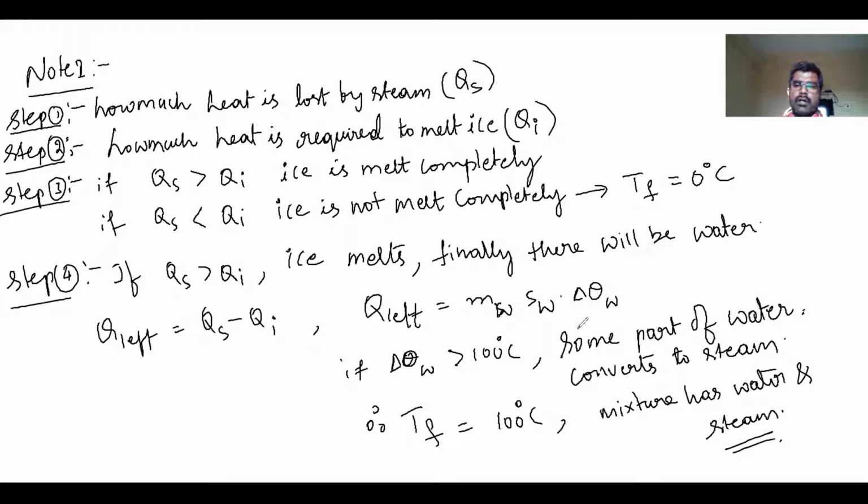And in step 4, if delta theta is greater than 100, you will be selecting that answer in the options, but that is wrong, because water temperature can never be greater than 100 degrees Celsius at room pressure. So if the temperature obtained is greater than 100, then some part of water gets converted to steam, and some part remains as water.